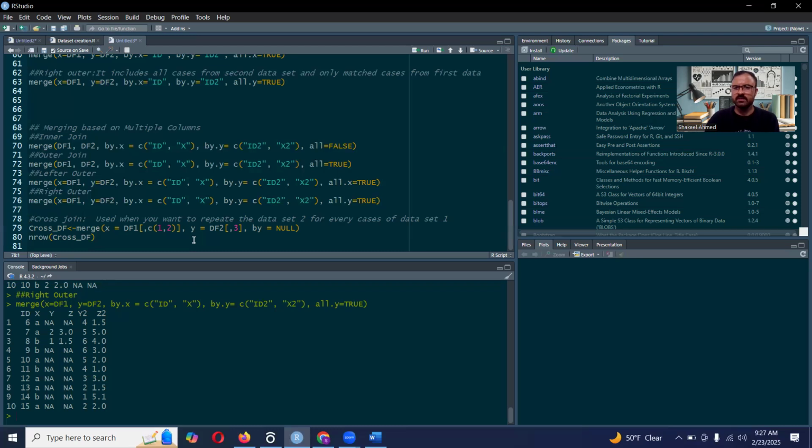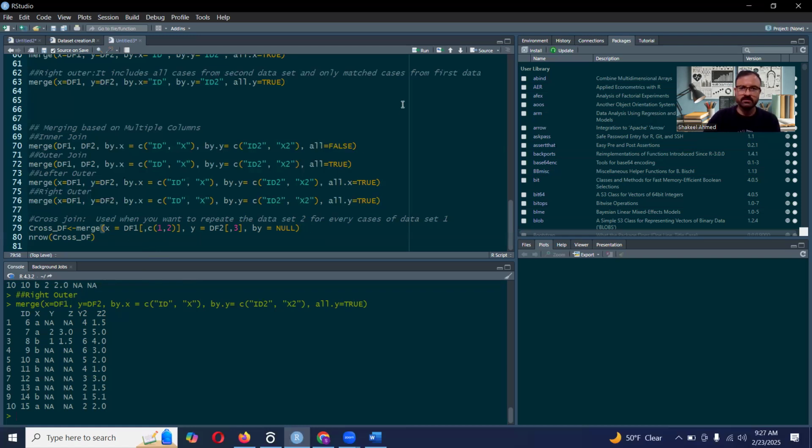For example, if a mother has four children, then the data corresponding to the first child will be repeated for the mother, and the second child will be repeated for the mother, and the third child will be repeated for the mother. Then we can merge the data with the cross join function.